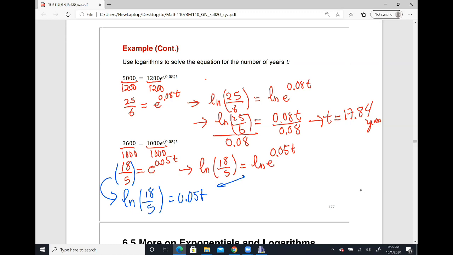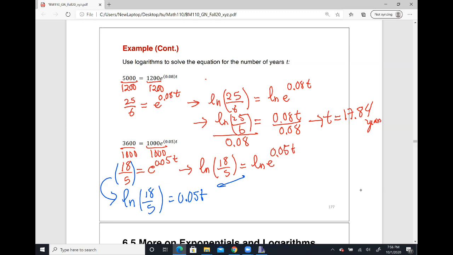Either way, if you cannot remember changing from exponential form to log form, you can use ln on both hand sides. That could be okay too.